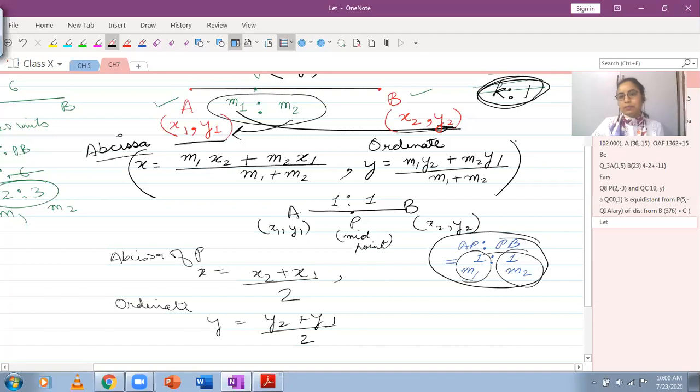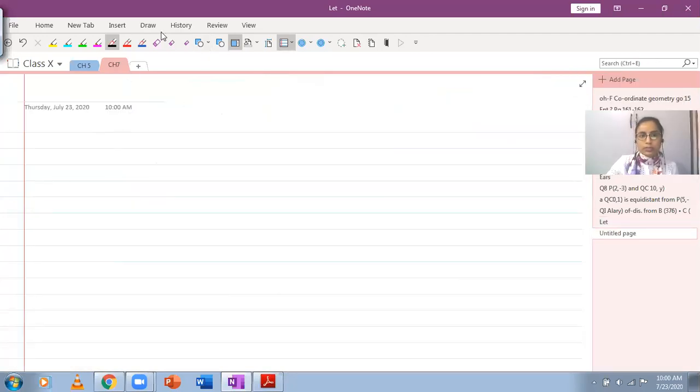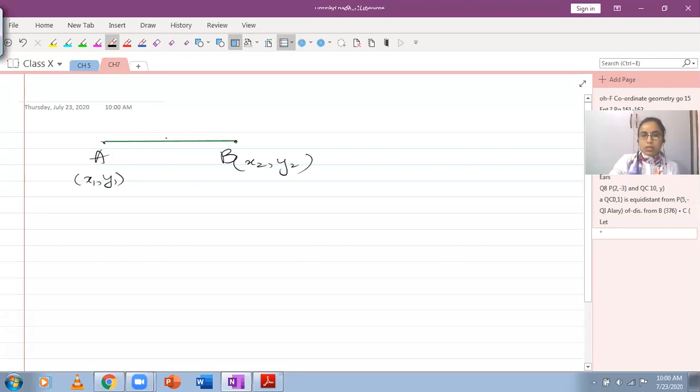Now, if I want to write this simply, I'll put this in a compact form rather than going over in such detail. If I had a line segment whose endpoints are A and B, the coordinates for A are x1 and y1, the coordinates for B are x2 and y2. There is a point P which divides this line segment into two parts.